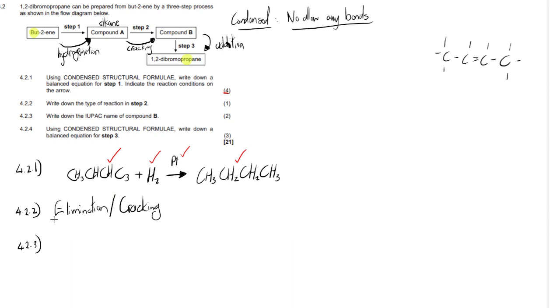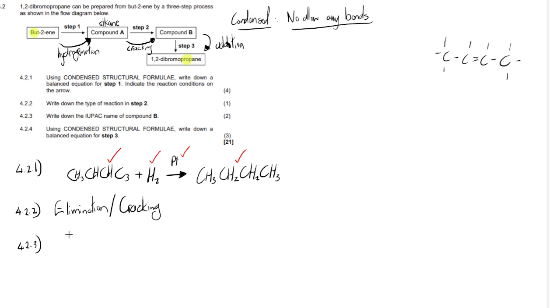The general rule of thumb is, even if cracking was wrong, they would always mark your first answer. So even if cracking was wrong, you'd still get your mark by answering it like this. Whereas if you said cracking first and then elimination, even though elimination was right, cracking was wrong, and they have to mark your first answer. I wouldn't say it's cheating the system, but it is a safe way to answer.